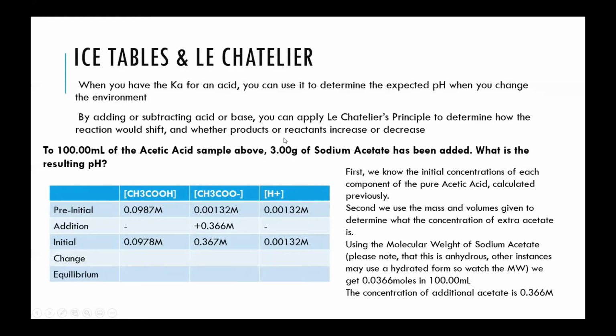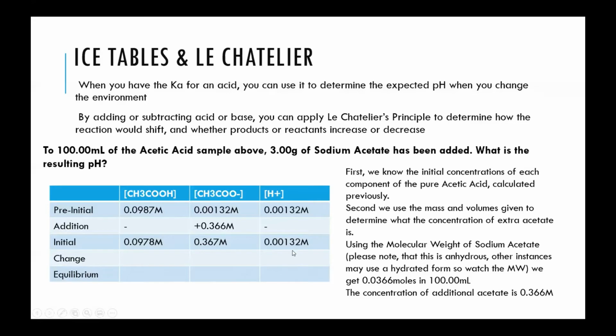So there are 3 grams of it, and you're adding this into a total volume of 100 milliliters. So you can take this mass and convert that into moles using the molecular weight of sodium acetate, and then divide that by the volume. So that gives you a concentration.